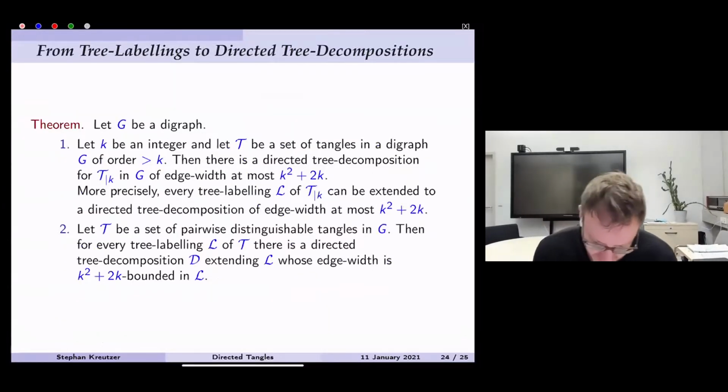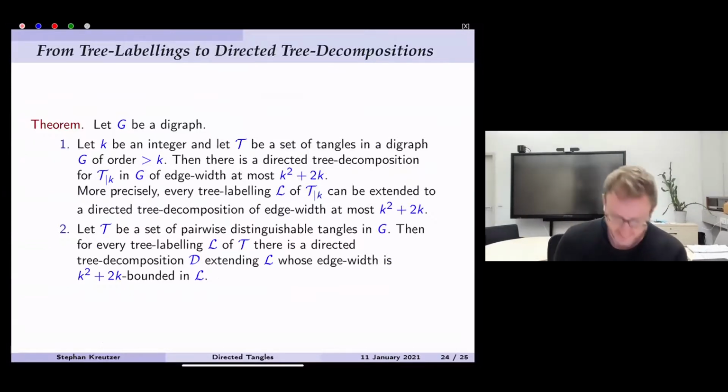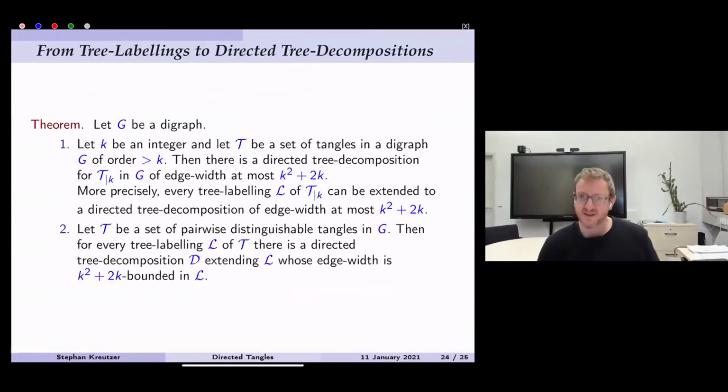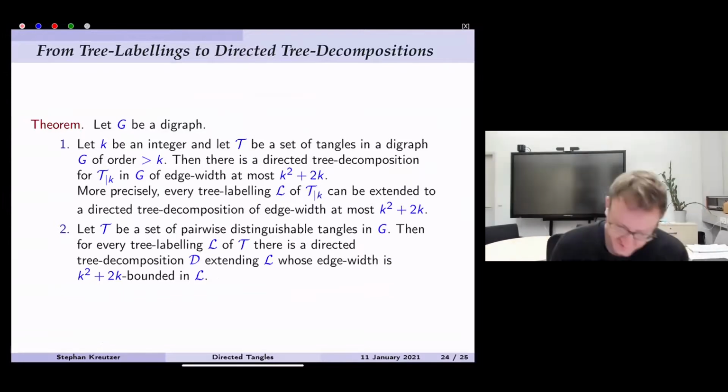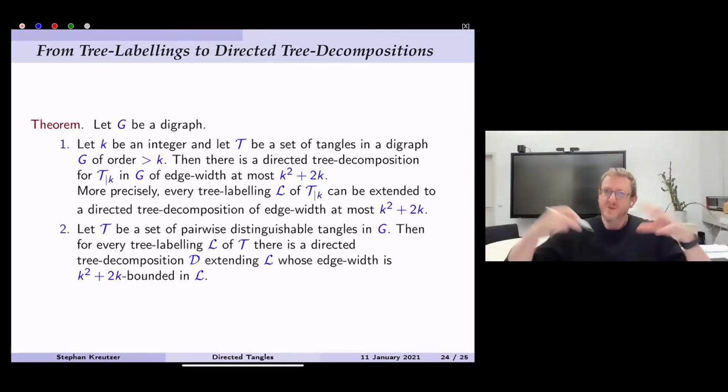In the last minute or so, let me say a word about directed tree decompositions, which I'm not going to define. If you now want to translate the setting of tree labelings into proper directed tree decompositions, which are just tree decompositions for the directed graph that properly decompose the vertex set, then you run into exactly the same problems again, that you have overlapping separations and so on. And you have to work quite a bit to get this sorted out. And then you have to allow bigger guards on the edges.